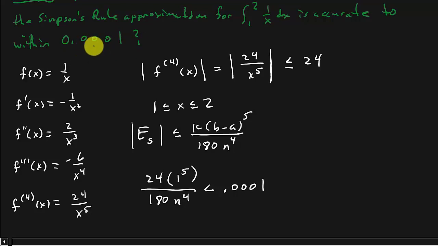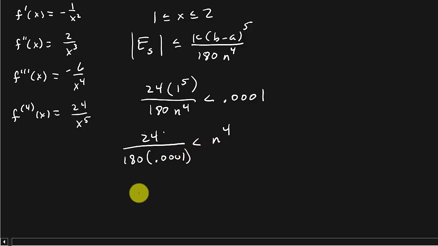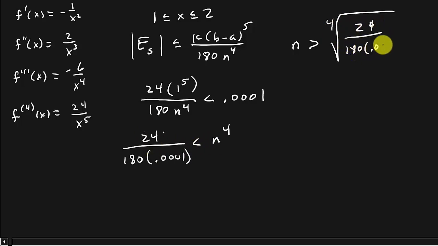We want it to be accurate to within this. So 24 times 1 is 24, over 180. This is going to come down, 0.0001, and less than n to the fourth. And so n is greater than the fourth root of 24 over 180 times 0.0001.